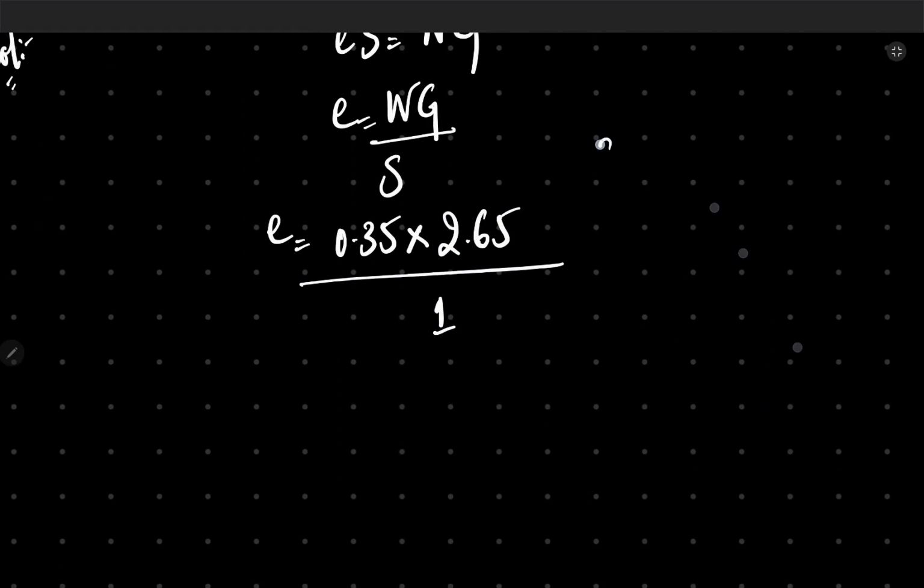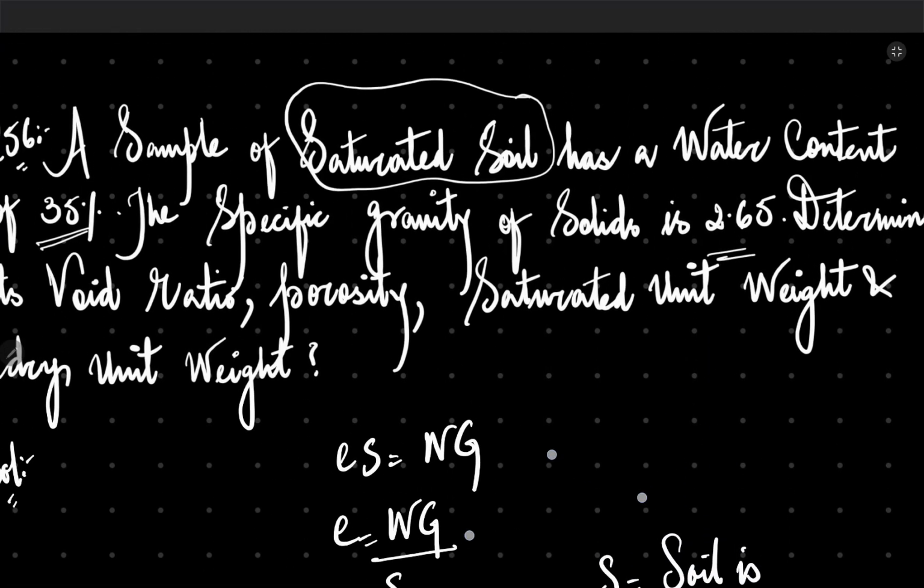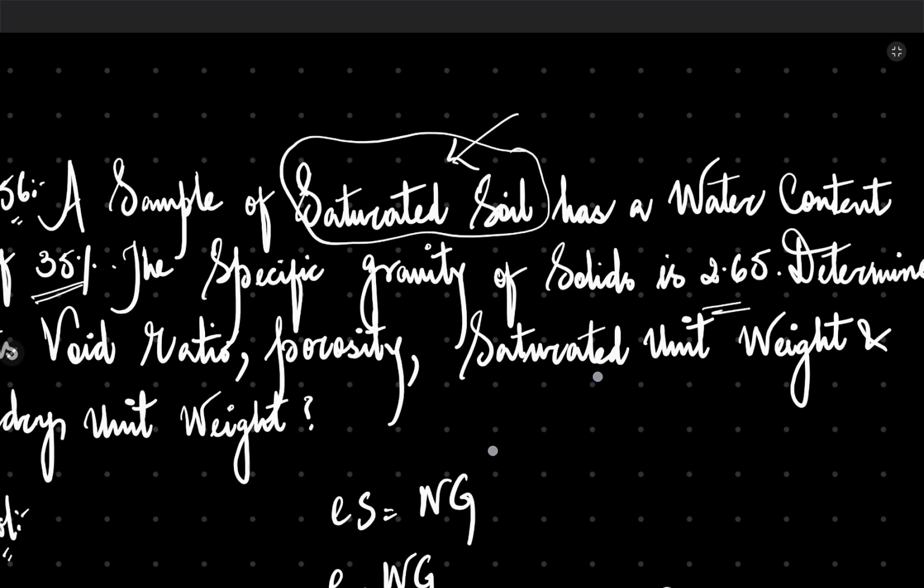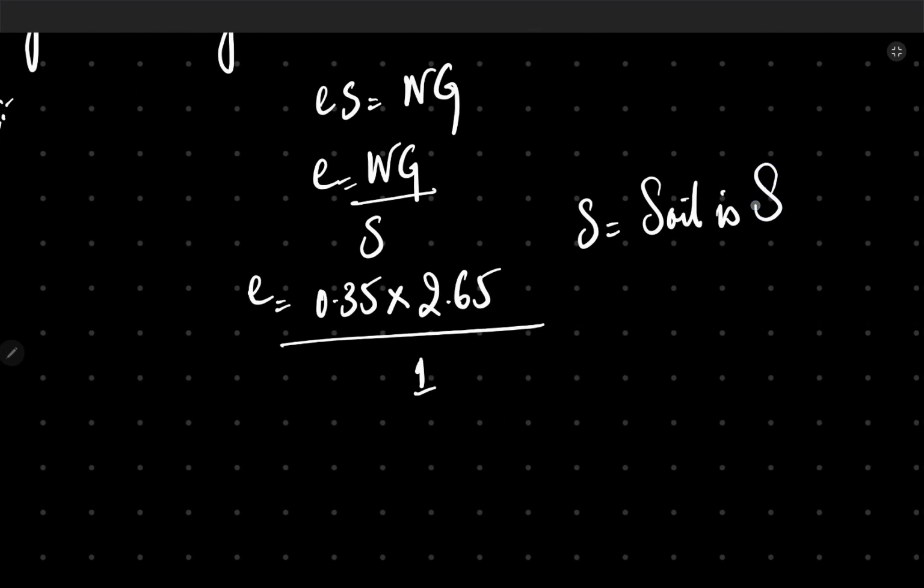S is 1, because soil is saturated. It is written here: soil is saturated. When soil is fully saturated, degree of saturation is equal to unity, or 100%. Soil reduces to the two-phase system instead of the regular three-phase system. All the air is gone and all the voids are completely filled with water.